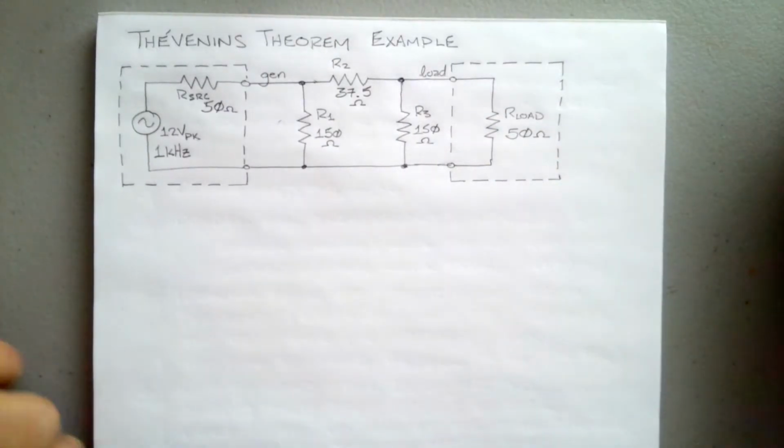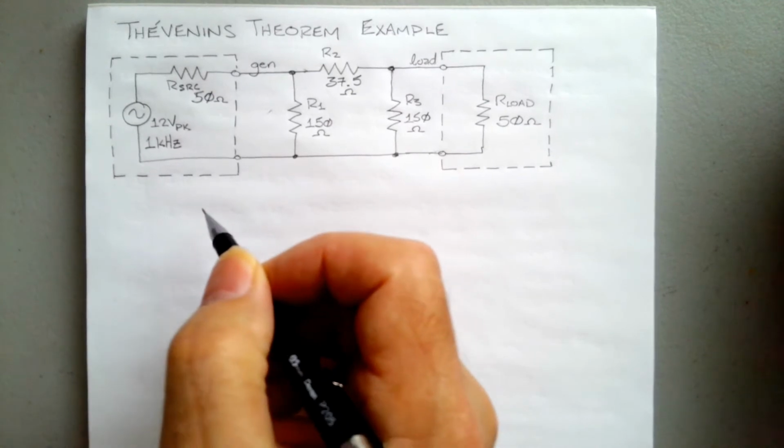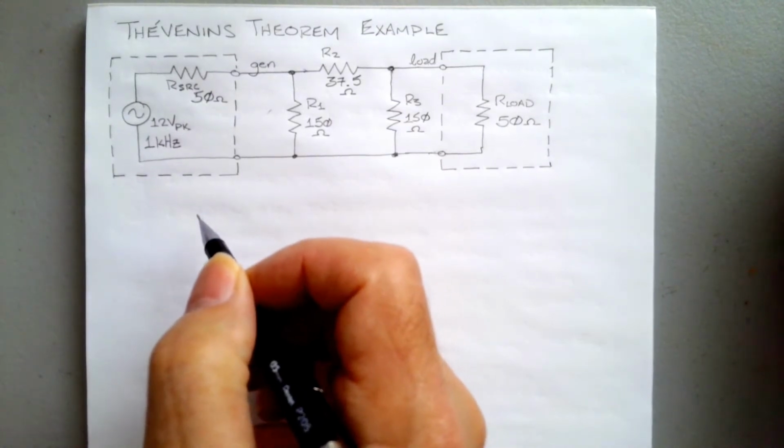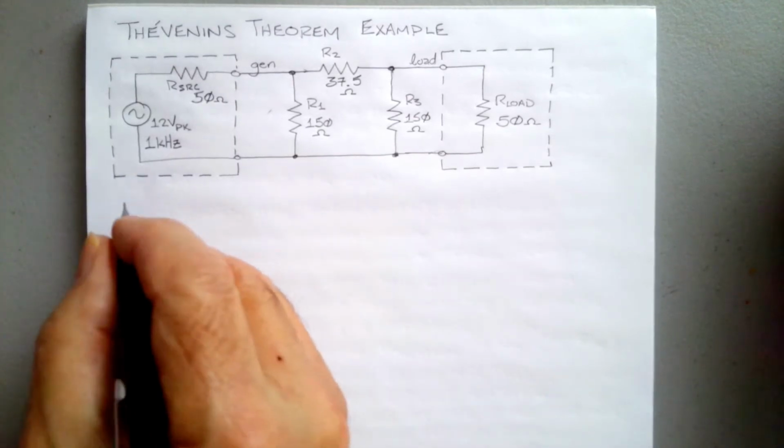First I thought we'd take a look at this Thevenin's theorem example here, and we would just solve it as a regular circuit, using the total resistance method.